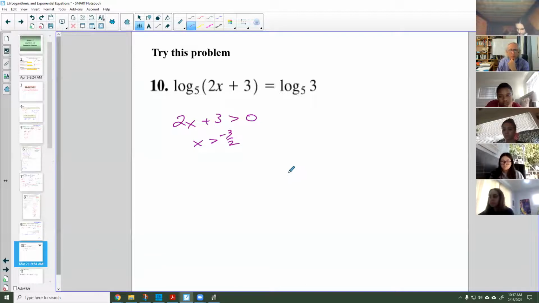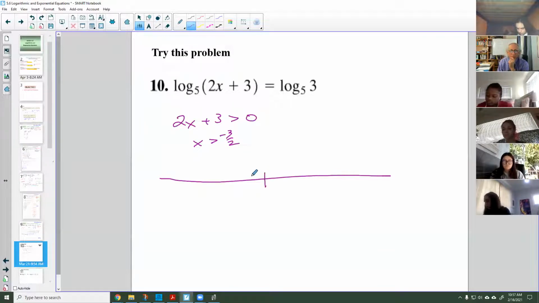And I was confused. Is there only one domain right now, for this one, because 3 is greater than 0? It's not a variable. Yeah, so yes, that one's okay. And then I put it on a number line. It was right above like -1.5, around that area, but it should be exactly right at that area, right?